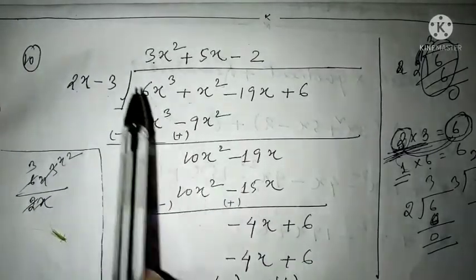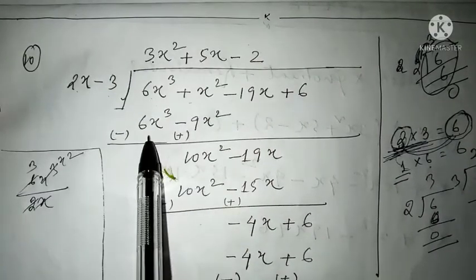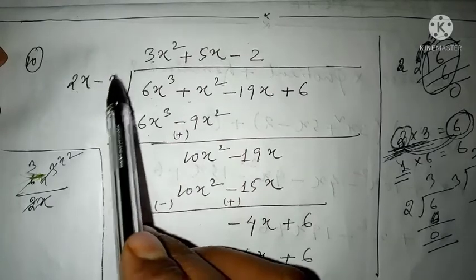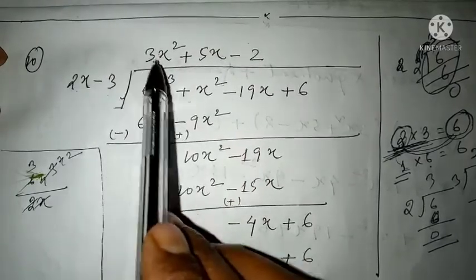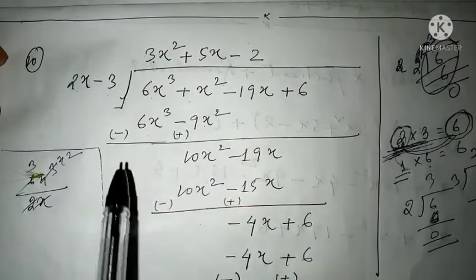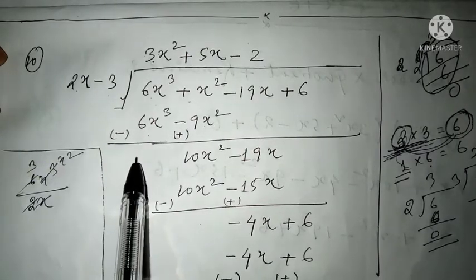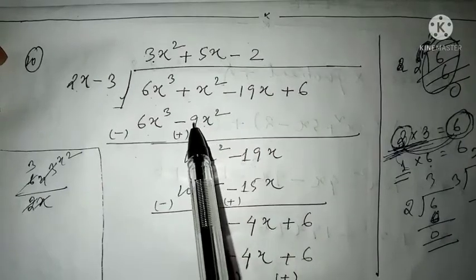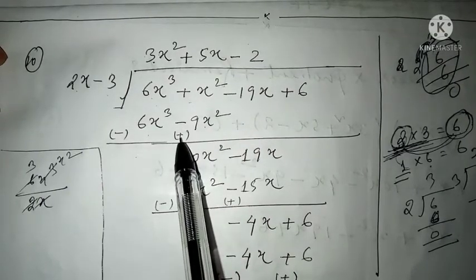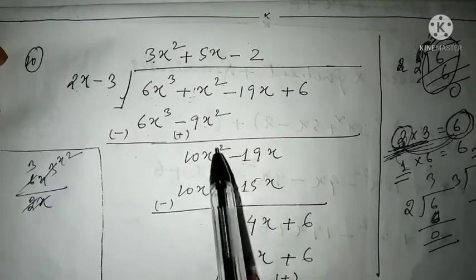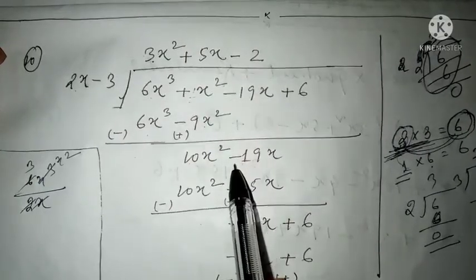Now start multiplying. 2 into 3, that is 6x cube. Then minus into plus, that is minus 3 threes are 9x square. Assume it is minus and subtract, you will get 0 here. It is minus 9x, but we have to assume it is plus. 1 plus 9, that is 10x square minus 19x as it is.